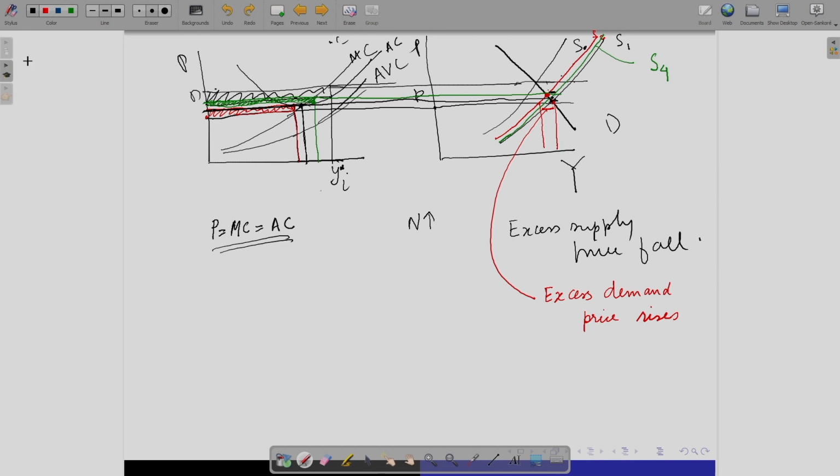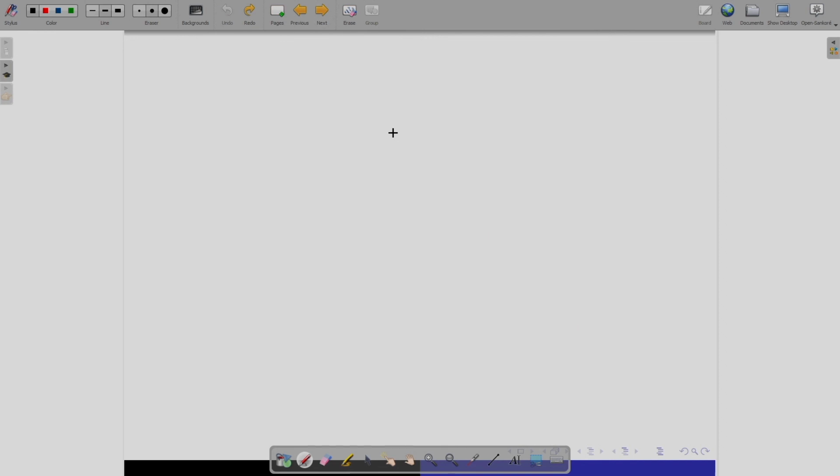Now, let us take another example. Suppose initially the firms are making losses. Okay. This is the marginal cost.